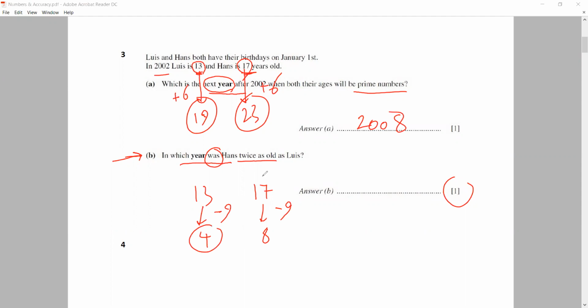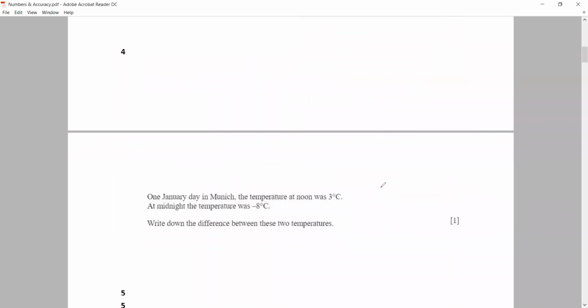And in which year was that? So we have to go 9 years back. Right now it's 2002. So 1993, right? 1992 is 10 years back. 1993 is 9 years back. So that's it. So moving on to the next question, question number 4.